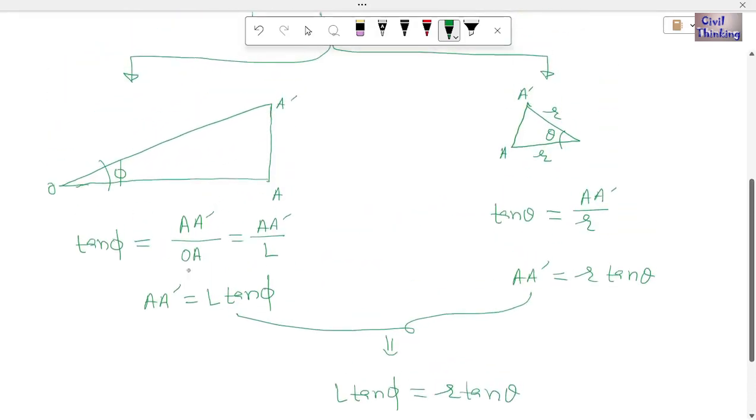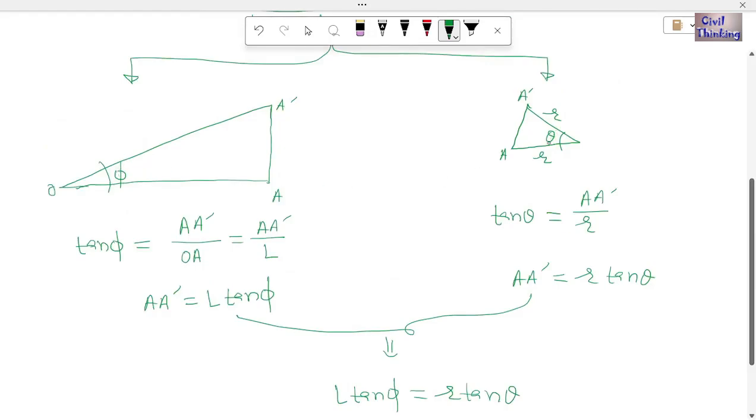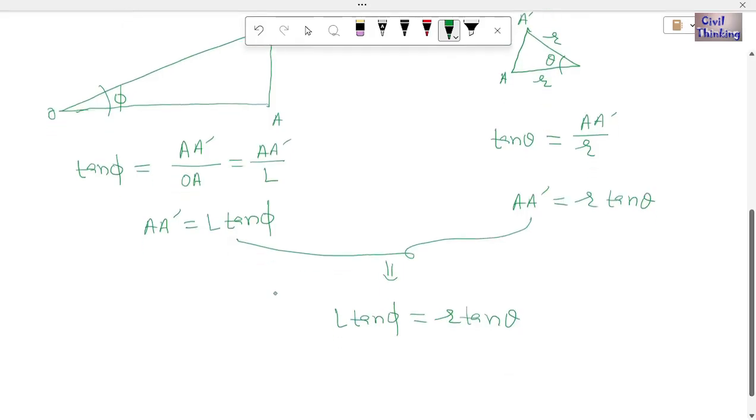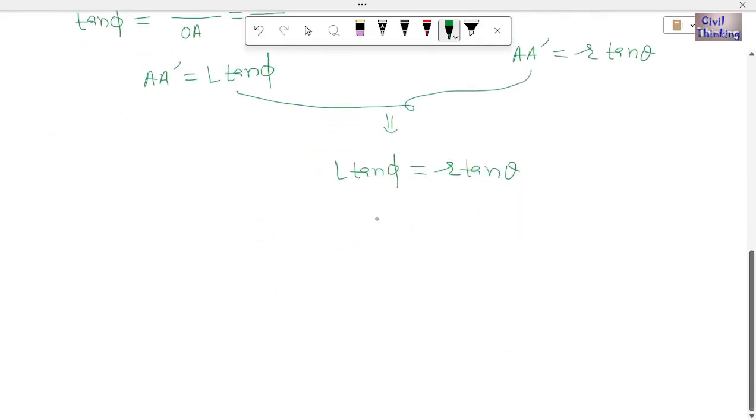Now if we assume this angle phi is small and this theta is small, it means there is small distortion. So when theta and phi are small, then tan theta can be approximated as theta, and tan phi can be approximated to be equal to phi.